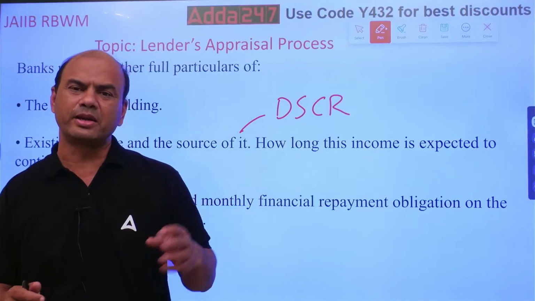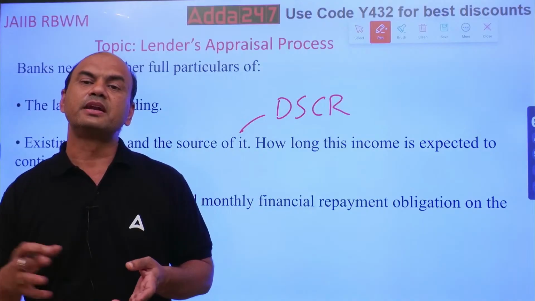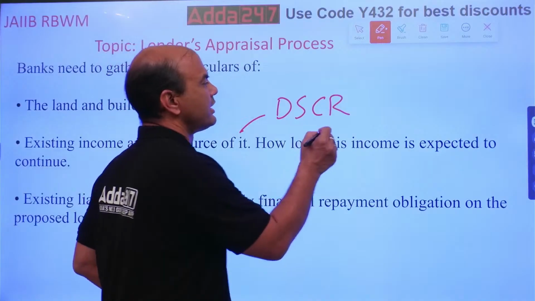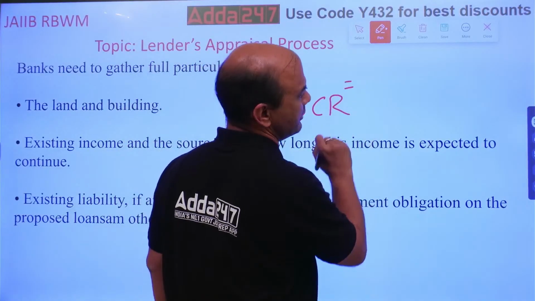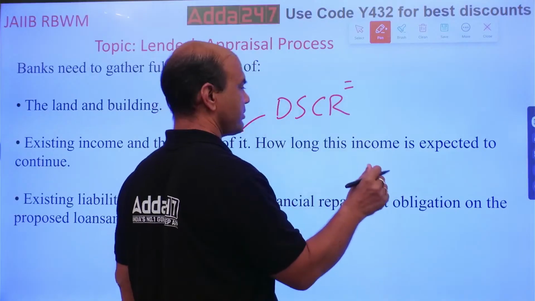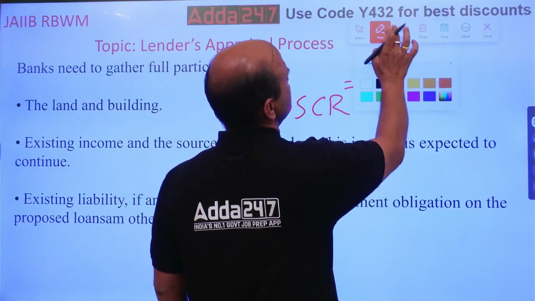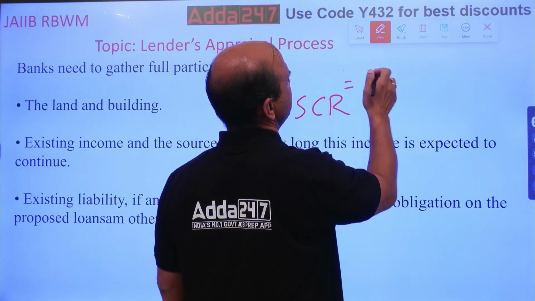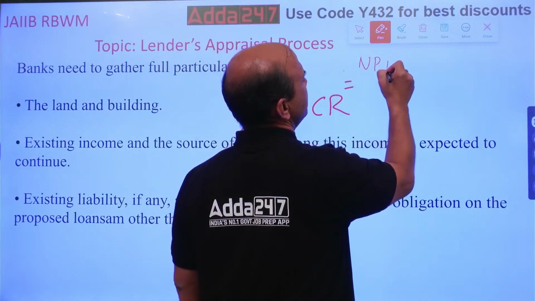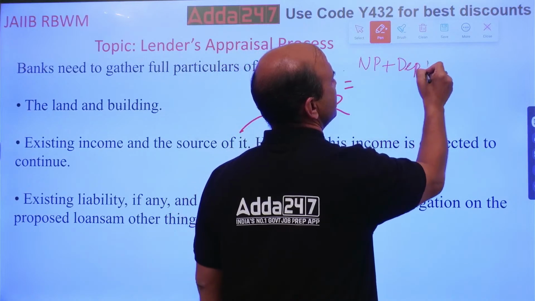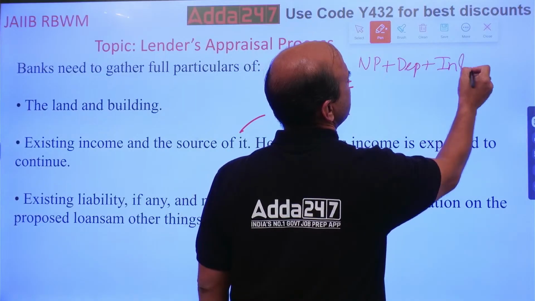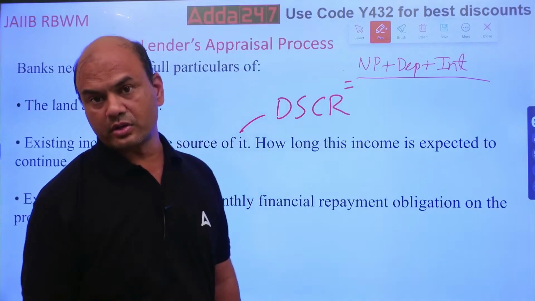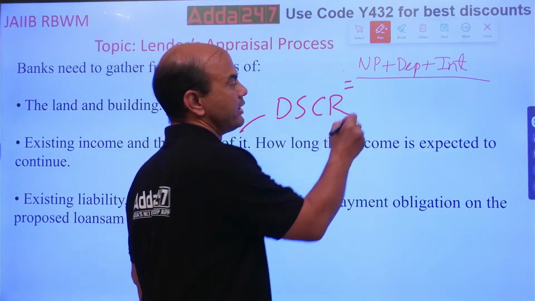DSCR means basically your net profit plus depreciation plus interest on long-term loans. I'll write it in short form. Net profit plus depreciation plus interest on long-term loan, the whole upon your EMI, total EMI.